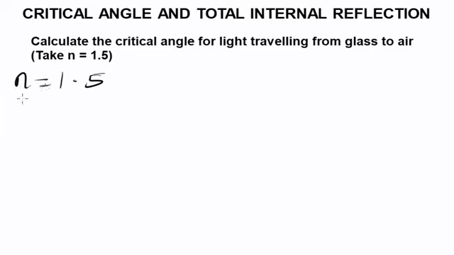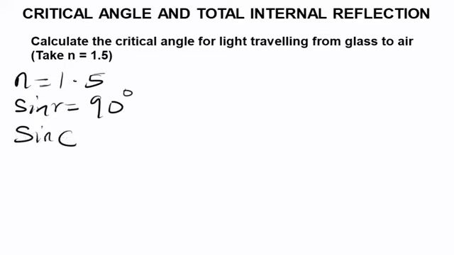So in this question, our angle of refraction r will be 90 degrees, because critical angle is the incident angle at which the angle of refraction is 90 degrees. We are looking for sine c, the critical angle.